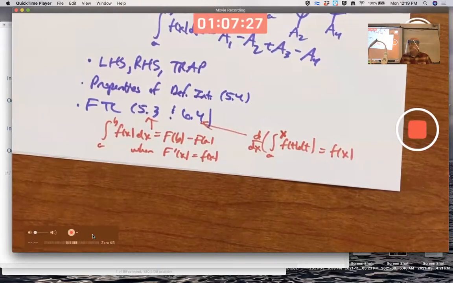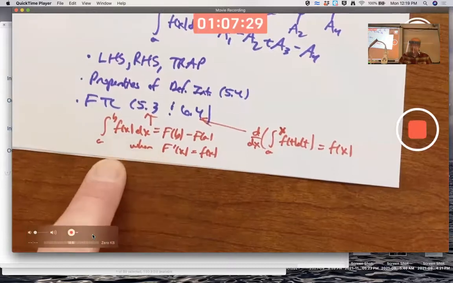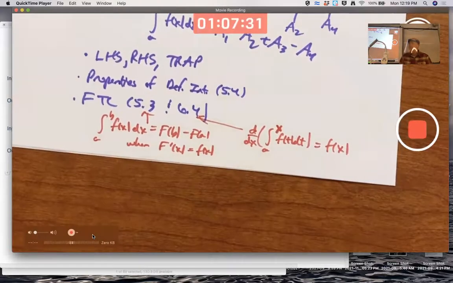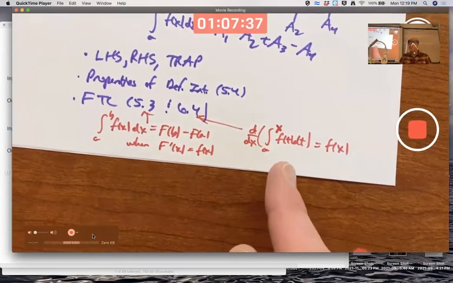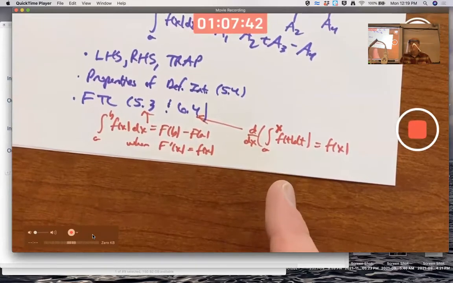You should be able to use both of these. This one, evaluate an integral. This one, to differentiate an integral. And we did an example last Friday where we had an integral, I think, of like cosine of t squared or something, and we tried to figure out the first positive critical point. I put problems like that on old exams.